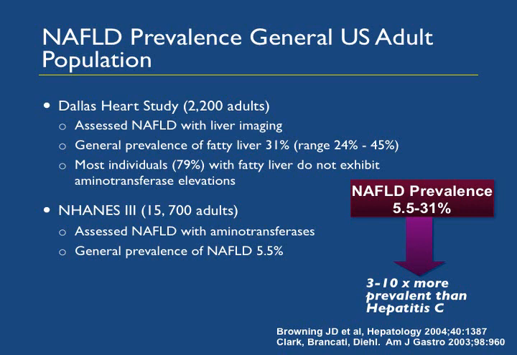Even if we were to take the lower percent, that is 5%, the overall prevalence of NAFLD in the U.S. is at least 3 times as prevalent compared to another liver disease which we all worry about, and that is hepatitis C.